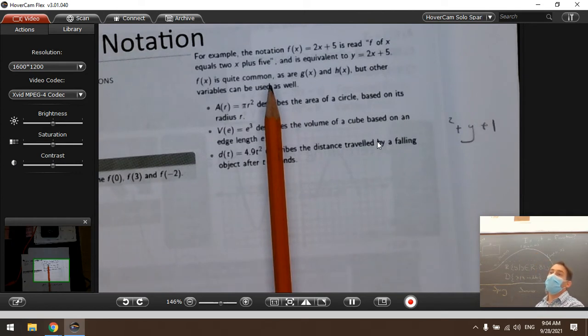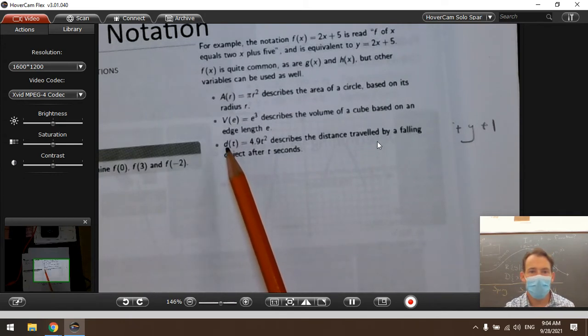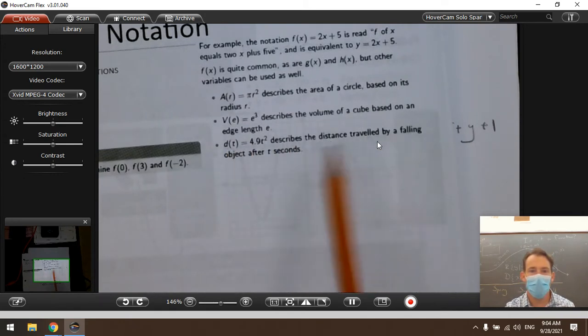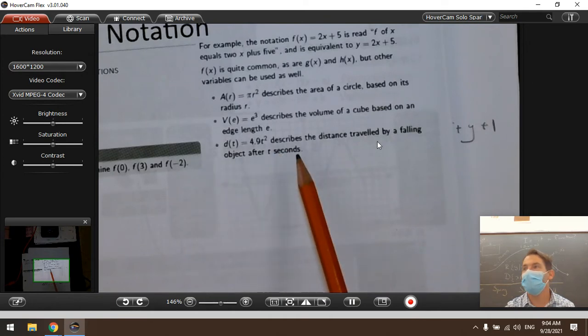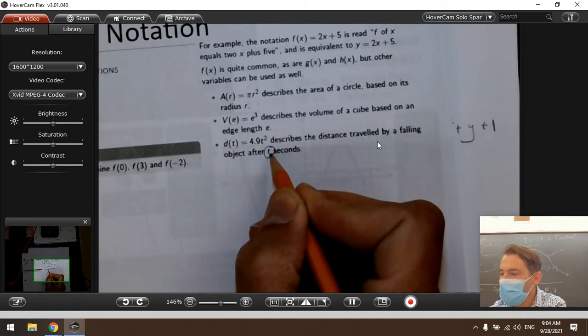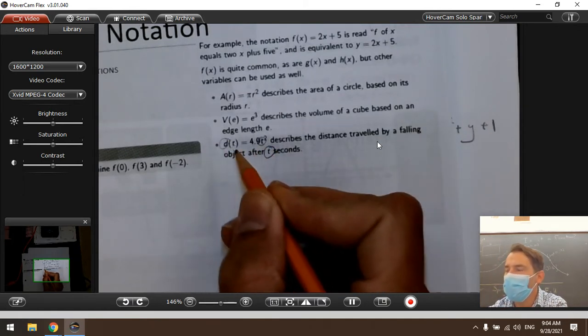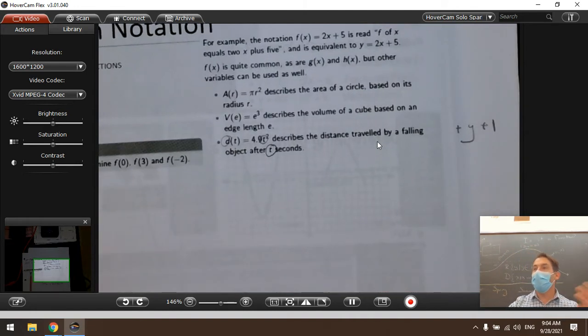Sometimes it does. Yeah. Sometimes we'll talk about things like, here we have d and t. Okay, this is the distance traveled by a falling object after t seconds. So we'll often use t for time as an independent variable. And then we might have d for distance, or a for acceleration, or v for velocity, or s for speed.